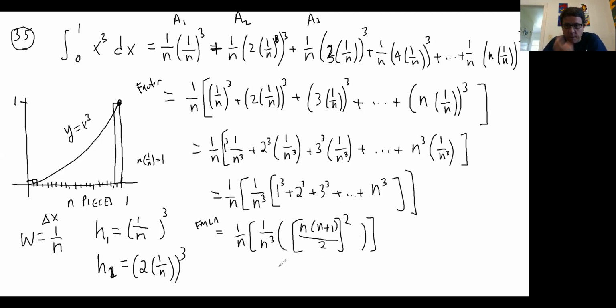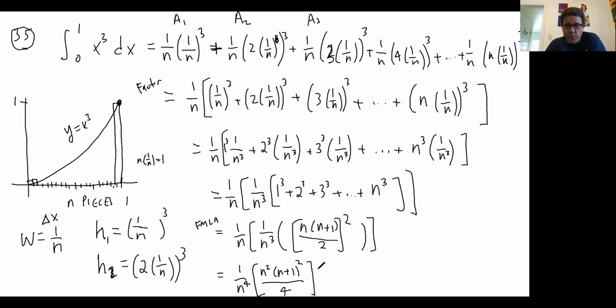Maybe we can clean it up just a little bit. I think we can. These two things can combine to be 1 over n to the 4th. And this guy, we can square everything out. So that's n squared, n plus 1 squared over 4.